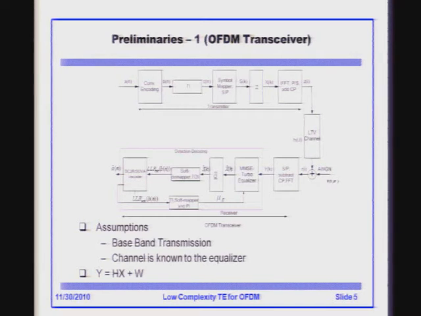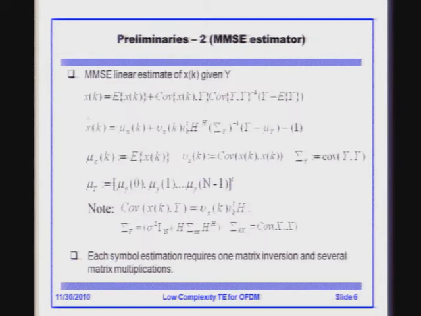So the system model is y equals Hx plus w, w being the noise, x being the input information vector, and H being the channel matrix. A little bit of math here.